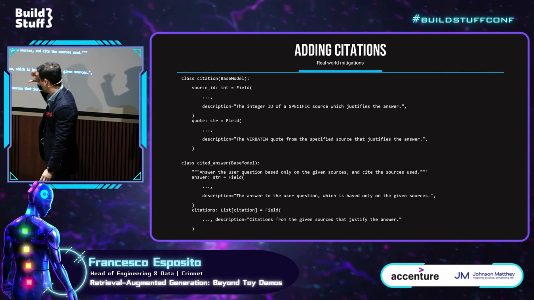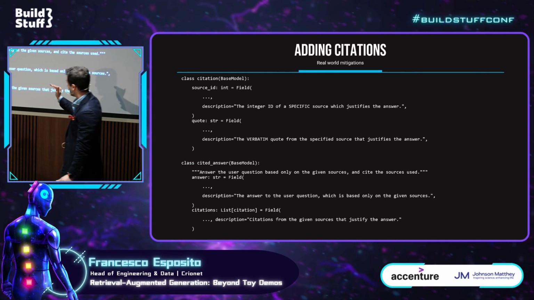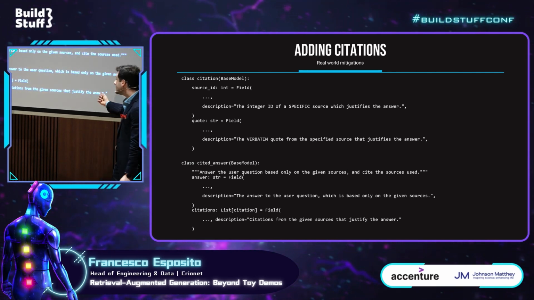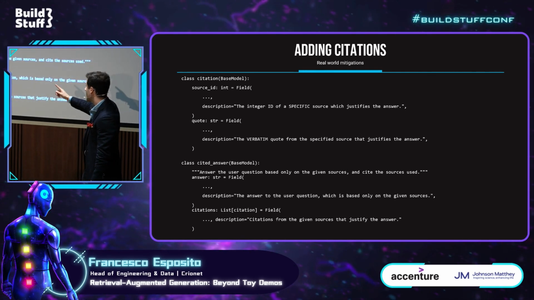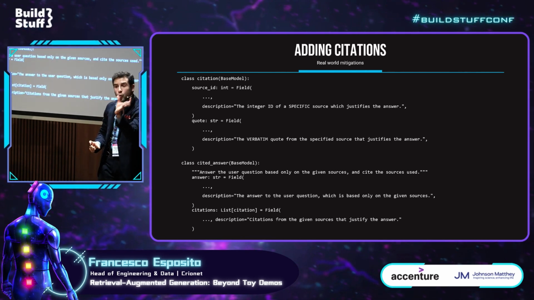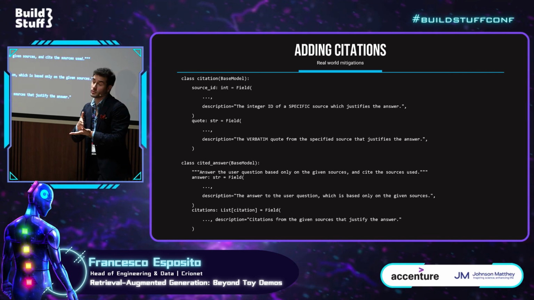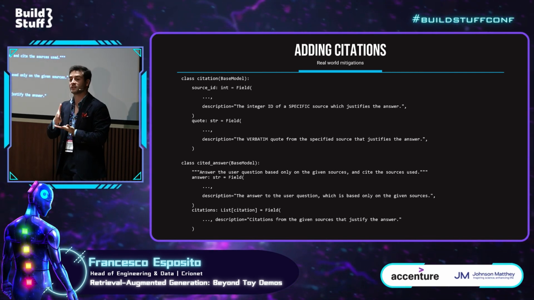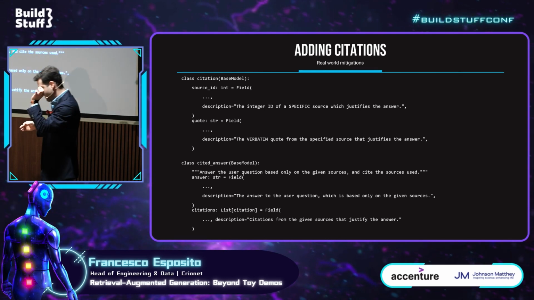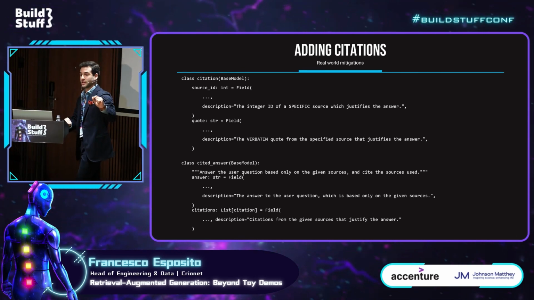The final answer that the model has to produce contains a string representation of the answer, but also a list of citations. Each citation has a source ID and the verbatim quote of the original snippet. So we should know exactly why the model gave us that specific answer, and on which very exact pieces the answer is based.